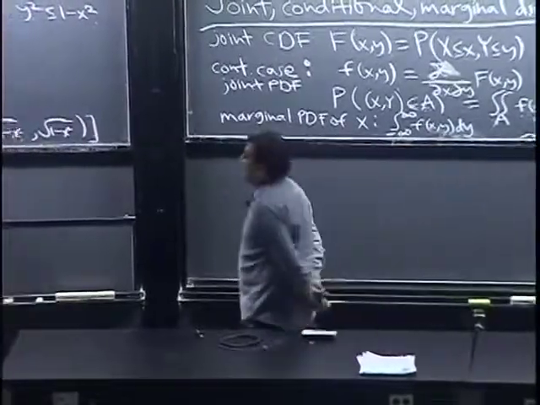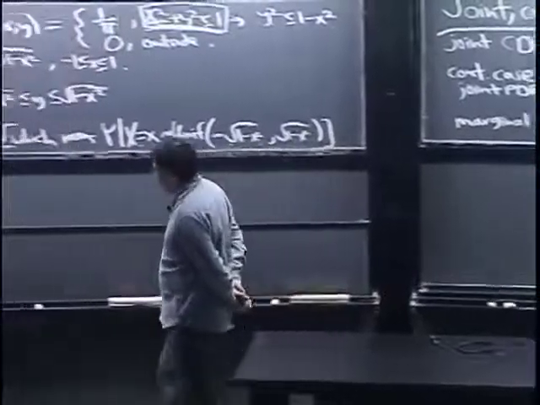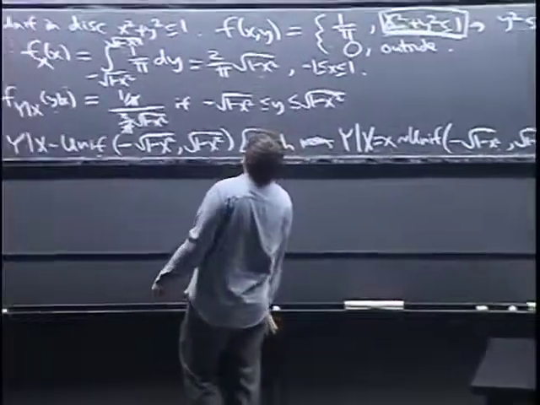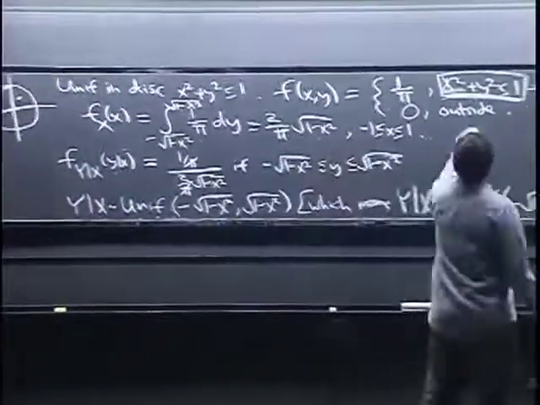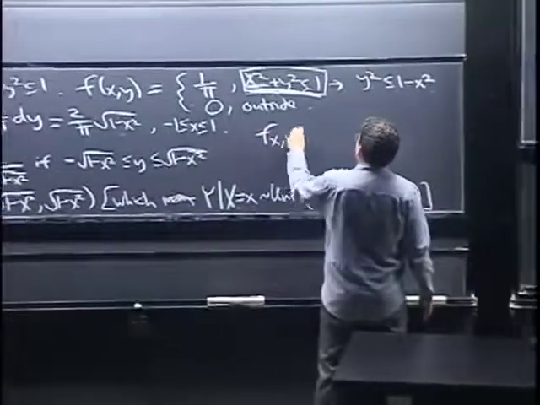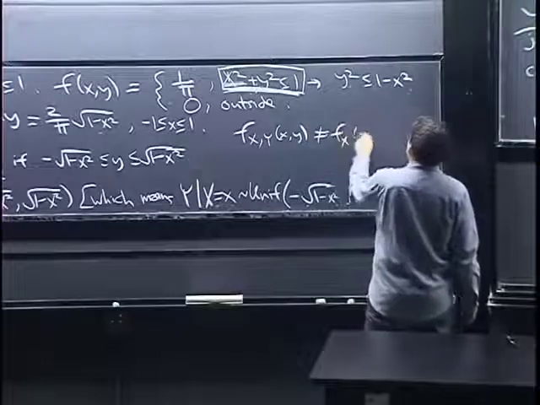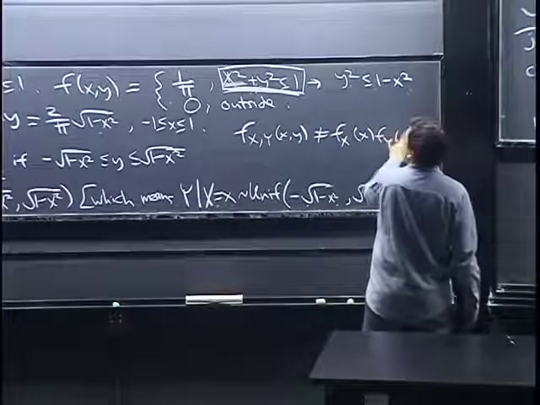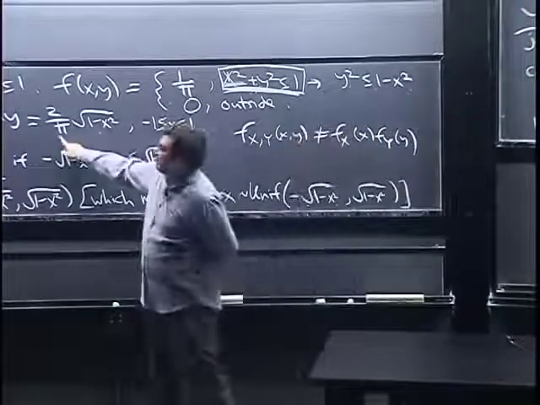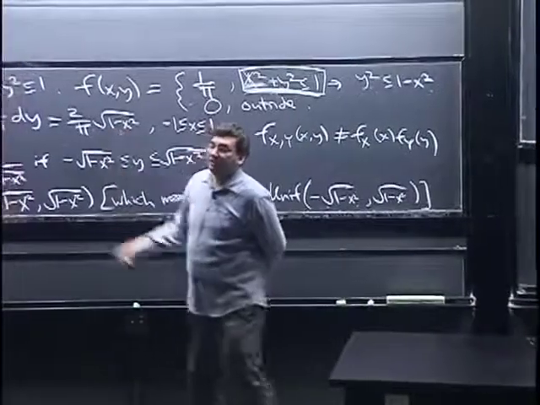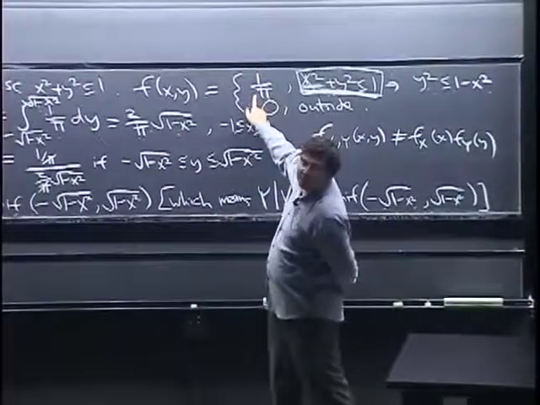And you can see that they're not independent because, well, one way to see it is f of xy does not equal the product of the marginal PDFs in general here, right? Take this thing and then the same thing with y, multiply them, you do not get the joint PDF.